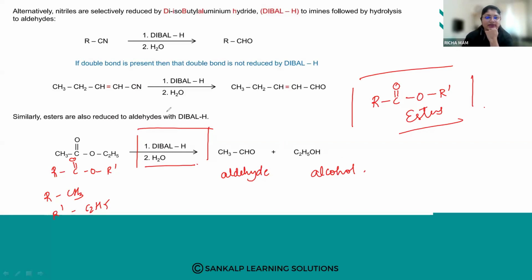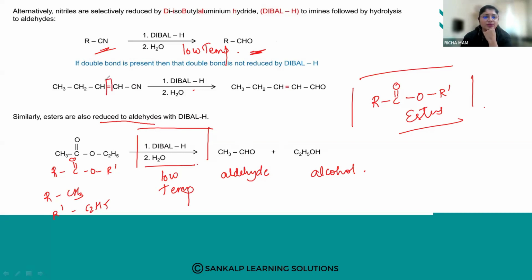So esters are also reduced to aldehydes with DIBAL-H at low temperature. Here also the temperature condition is low. At a very low temperature, we convert nitriles into aldehydes with DIBAL-H.